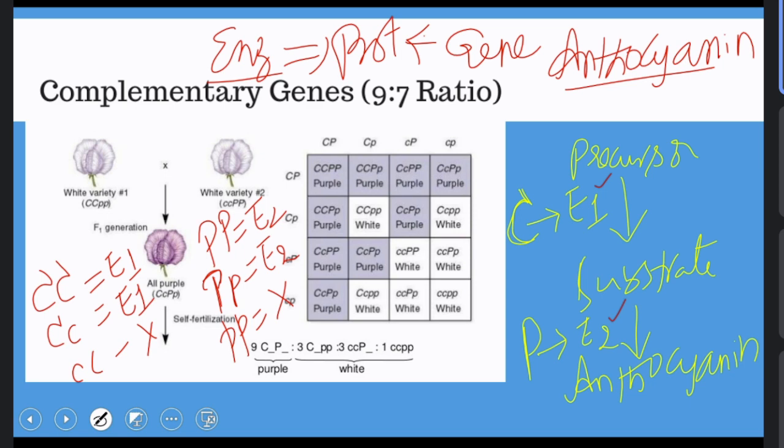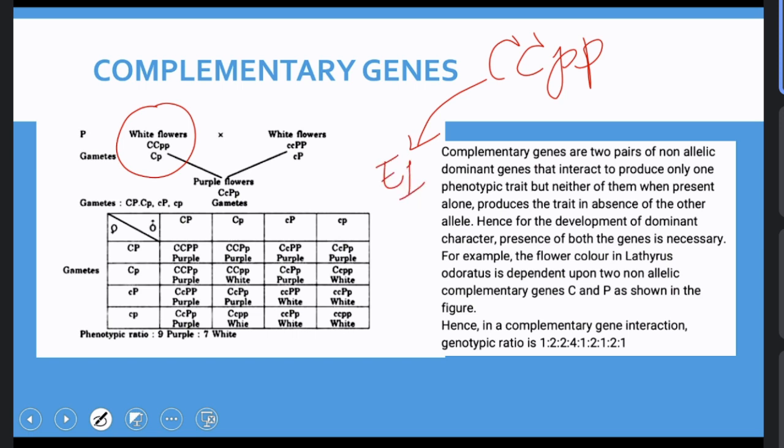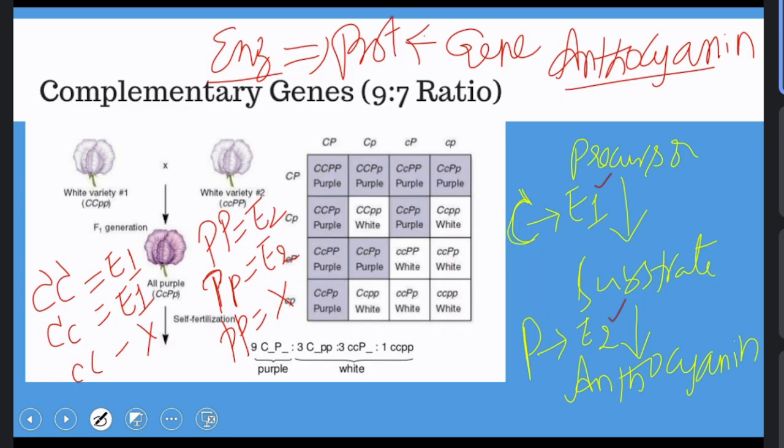So what actually happened here is, in the first case, this is white flowered. That means capital C, small p, where capital C gave rise to enzyme 1. So this reaction is fulfilled and the precursor is converted to substrate.